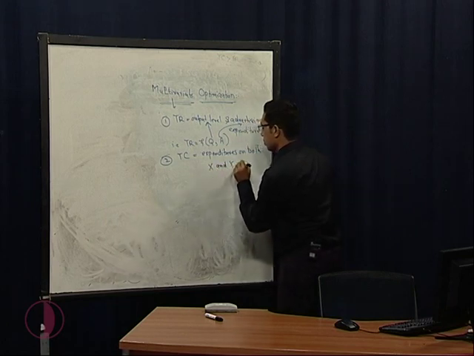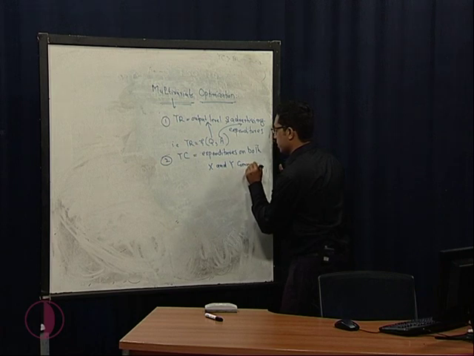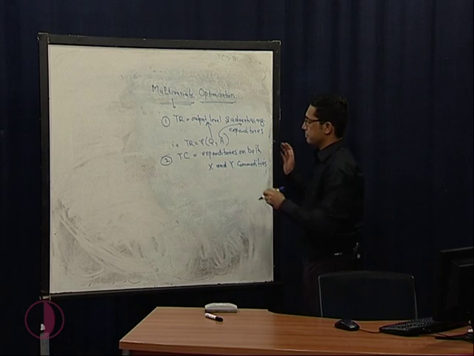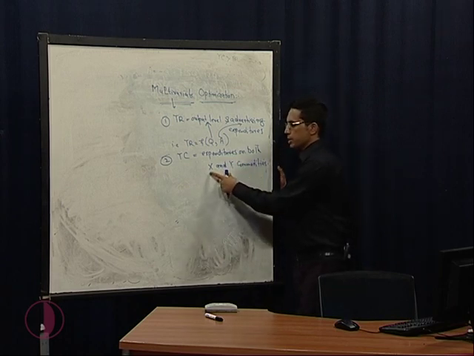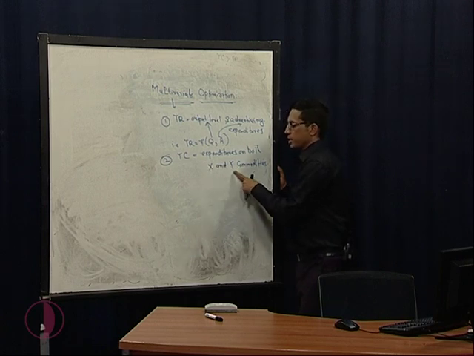It means that the business firm produces two commodities. The first commodity is X and the second commodity is Y.